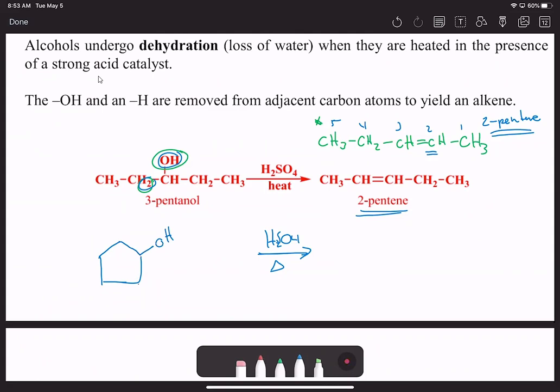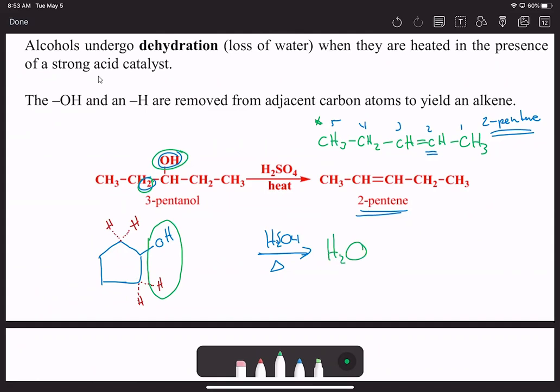So I'm gonna draw in. We should understand that there's 2 hydrogens here, and that there are 2 hydrogens sitting here. Right? So I'm gonna use these here in order to make my water.